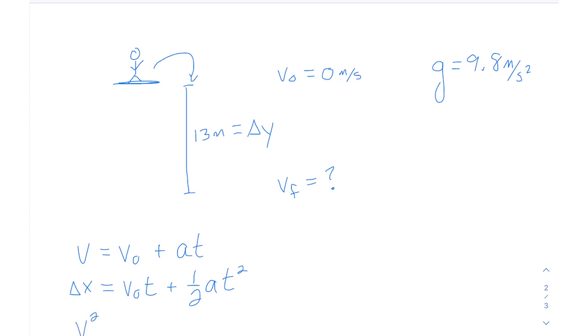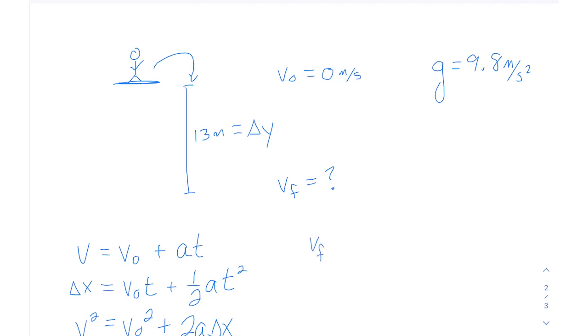But we do have your final velocity squared equals your initial velocity squared plus 2a delta x, and this equation doesn't require time. So we actually have all the components to utilize this. Of our big three, that's the equation that we'll use here to find that final velocity.